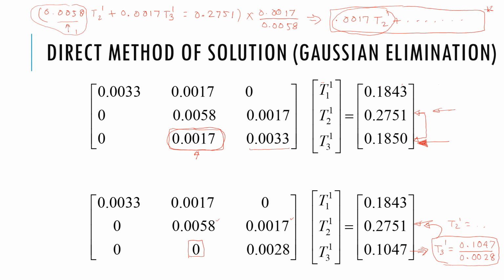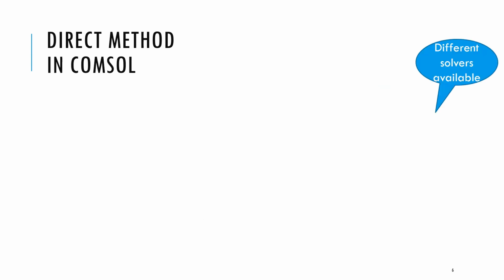And then with T2, I back substitute here till I get T1. Okay, so I know T1, T2, T3. So that was one method, and a software can implement one or more of these methods.